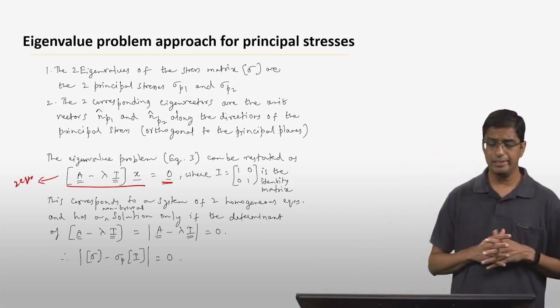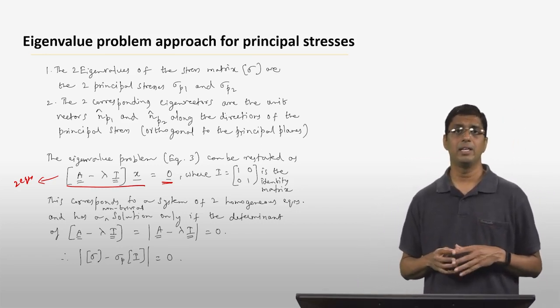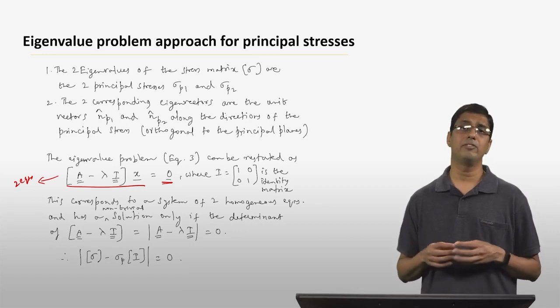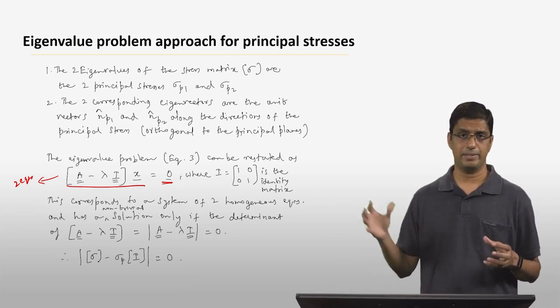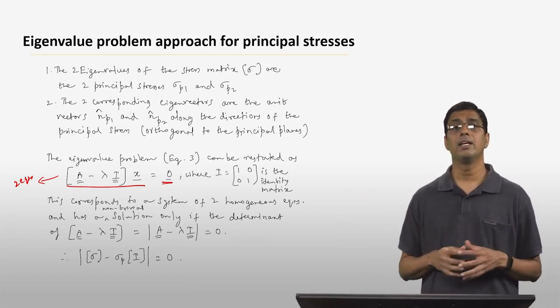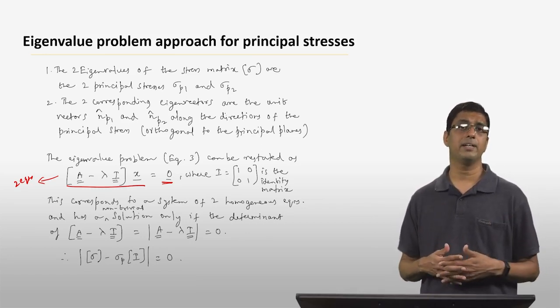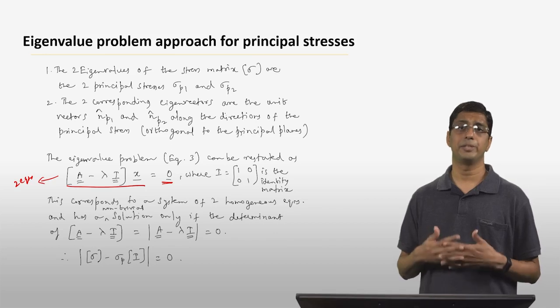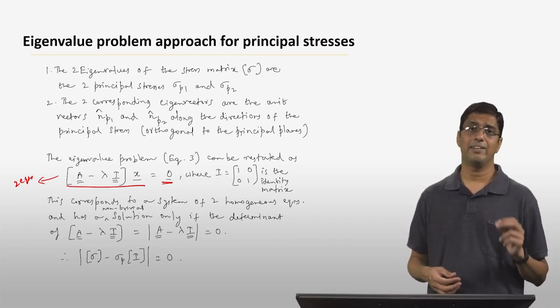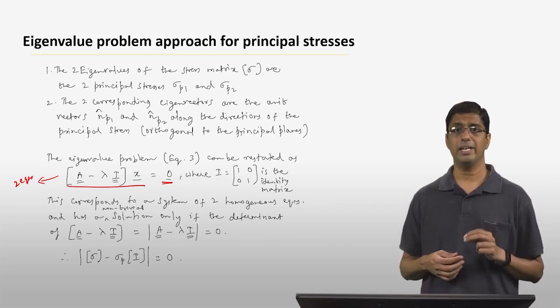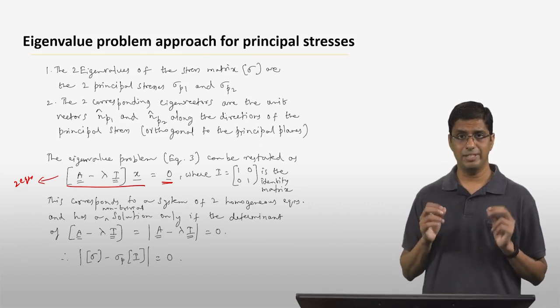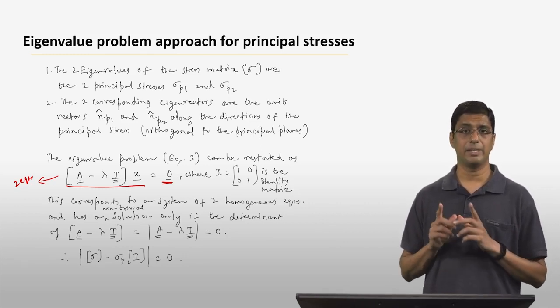Now, if you look at this set of equations, what is clear is that these are homogeneous equations because the right hand side is equal to 0. You might recall from linear algebra that these kinds of homogeneous equations will have a non-trivial solution only if the determinant of the matrix is equal to 0.